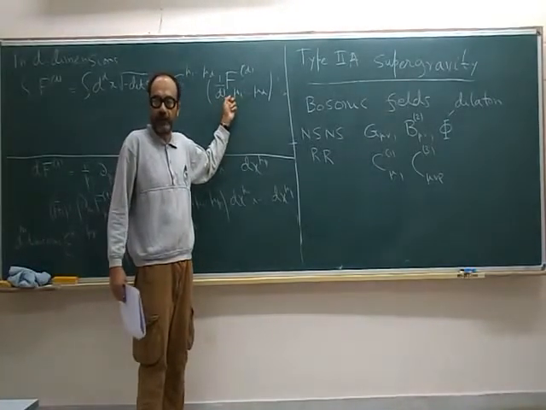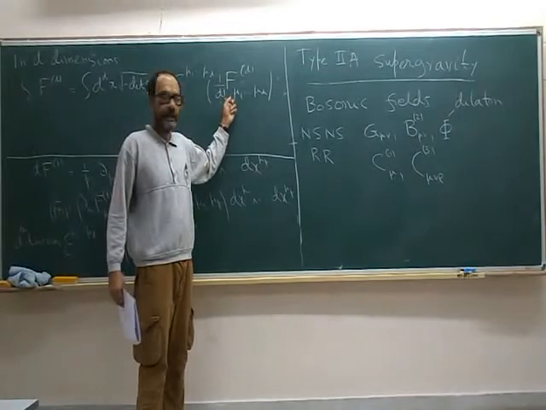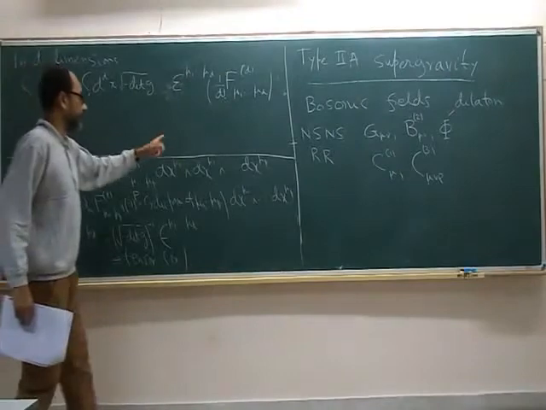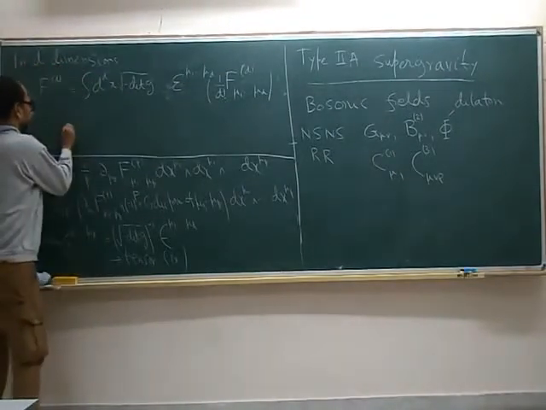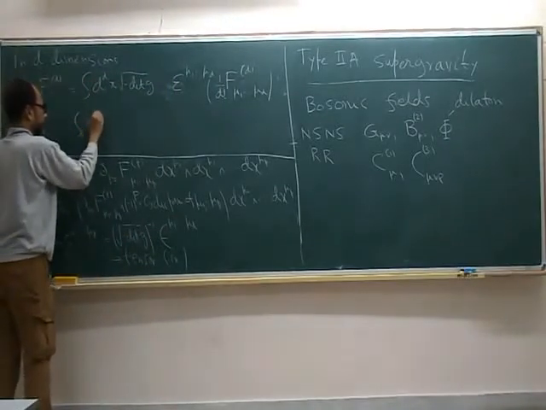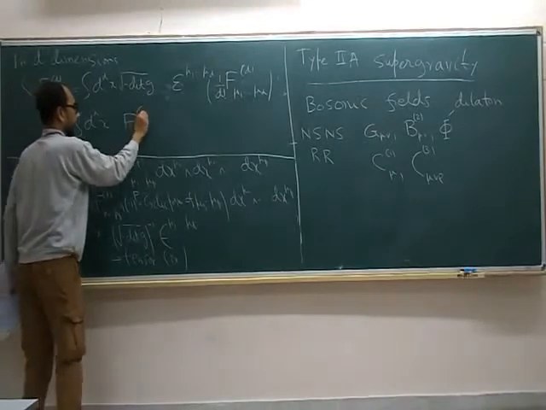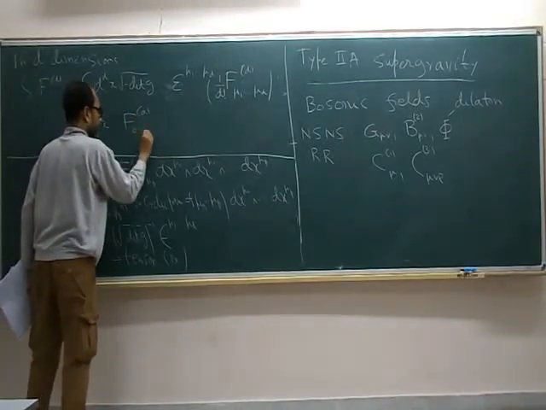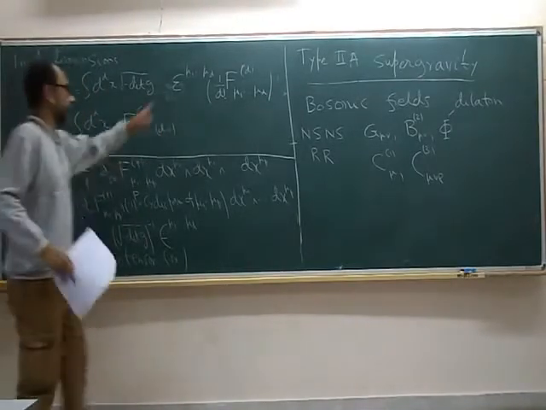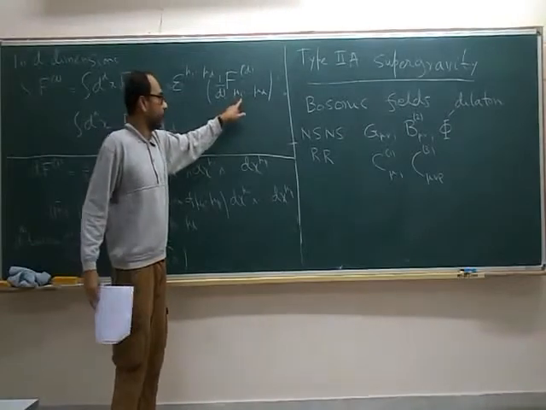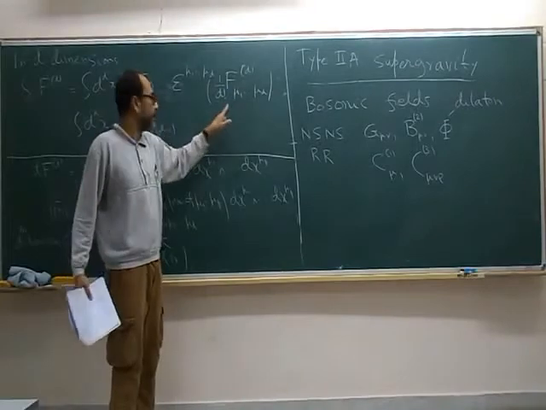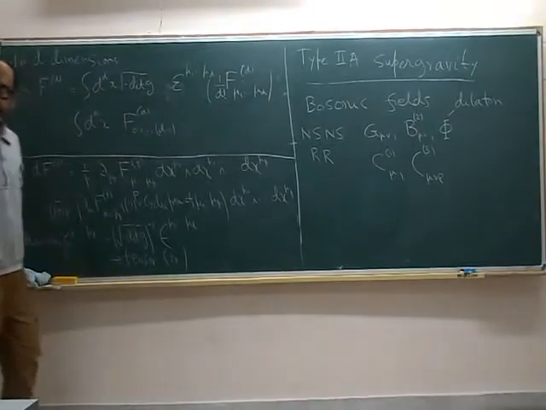You remember there is a 1 over p factorial in the definition, so that 1 over p factorial here is 1 over d factorial. Now you can easily check that, because this is totally antisymmetric, this can be written as the integral d^d x f with indices 0, 1, up to d minus 1. In other words, this contraction, both being totally antisymmetric, basically gives you d factorial equal terms. That cancels the 1 over d factorial and gives you this formula.